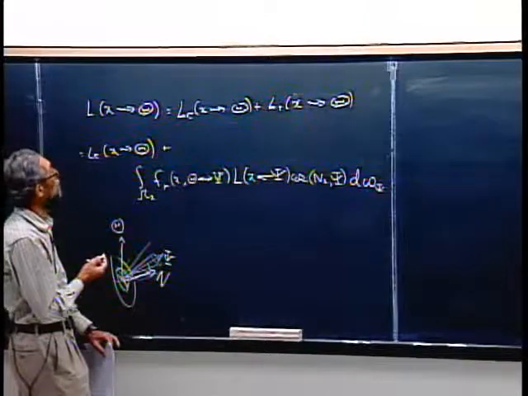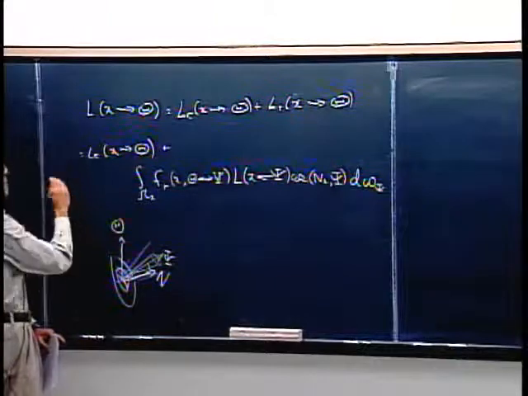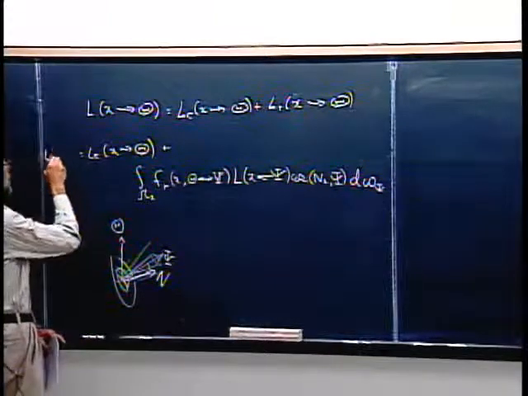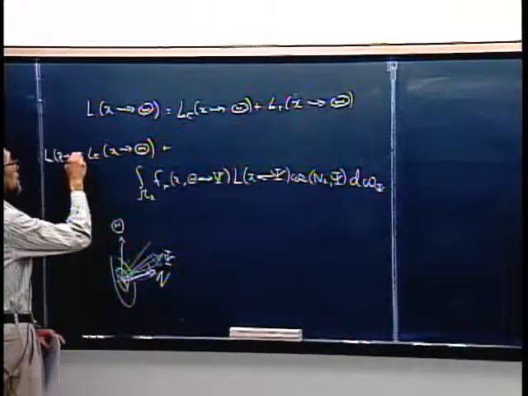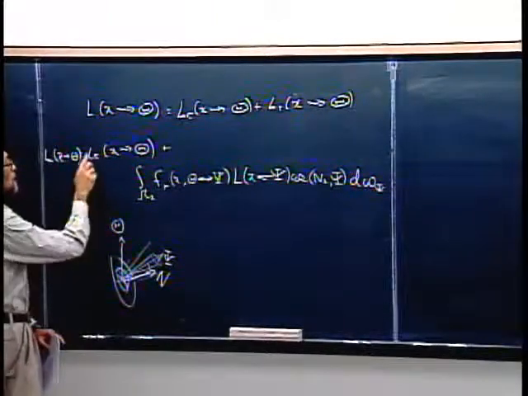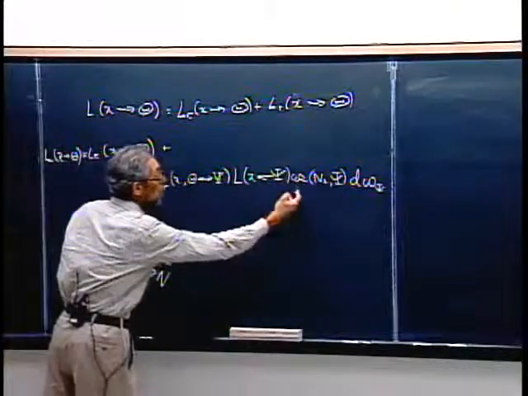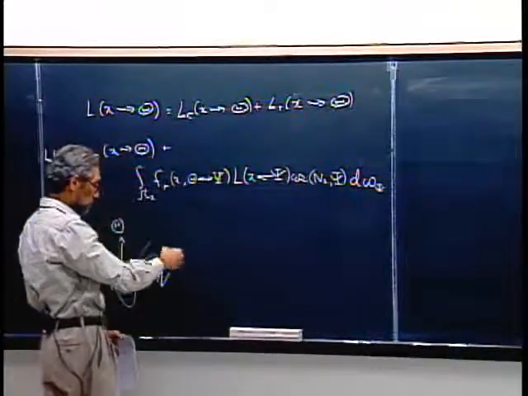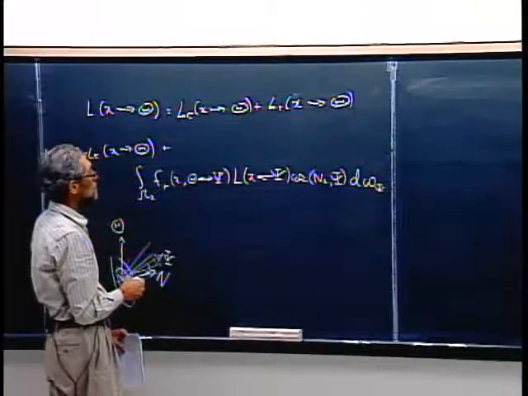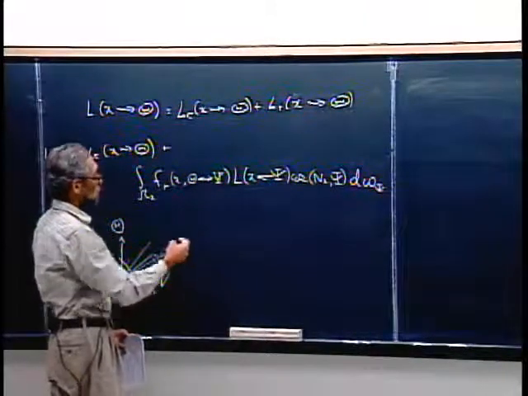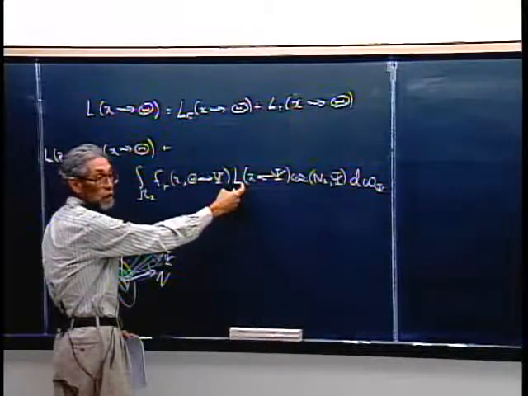If you look at this equation, this says light at x going out in direction theta depends on light at a bunch of other surfaces, really, because this is light coming from other surfaces at other points.